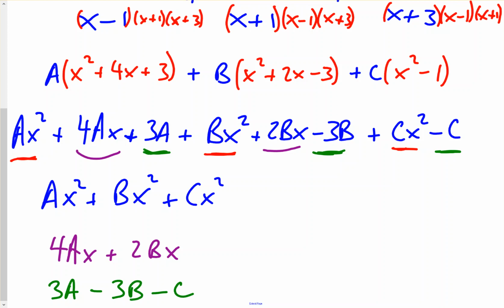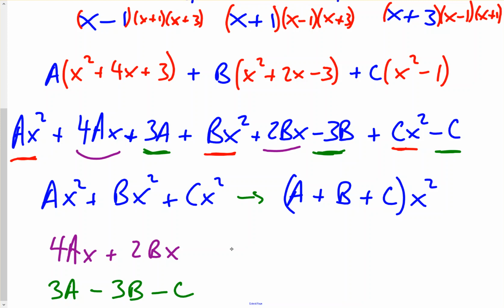Okay, now let's just rewrite this in another way. The ax squared, bx squared, cx squared, if we factor out the x squared, we would have a plus b plus c, times x squared.